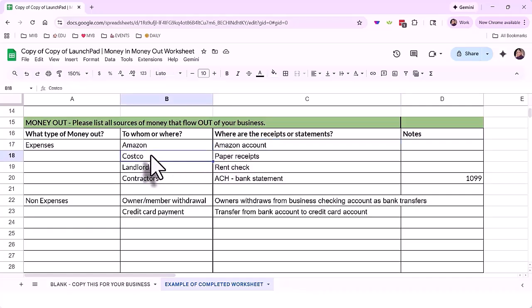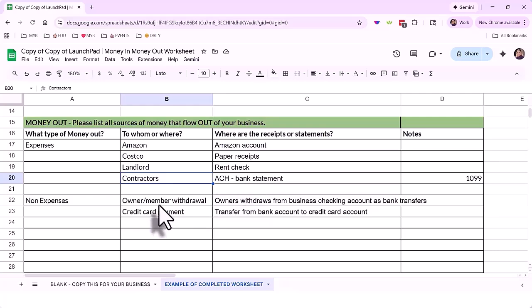Do you visit bigger stores like Costco or Sam's Club or other types of stores where you're going to have to look at those receipts and separate the transactions? Do you have variable expenses related to your business, or do you have ongoing expenses like rent, payroll, or even payments to independent contractors? And how are those transactions flowing through your business?